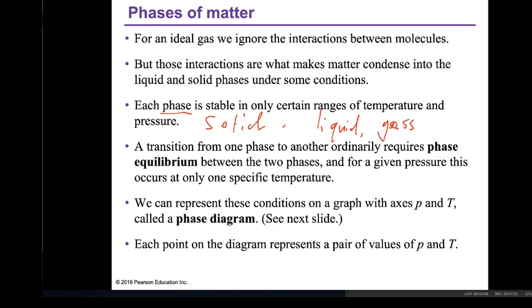We can represent this condition on a graph with P and T. This is called a phase diagram. We will show it in the next slides. Each point on the diagram represents a pair of values of P and T.